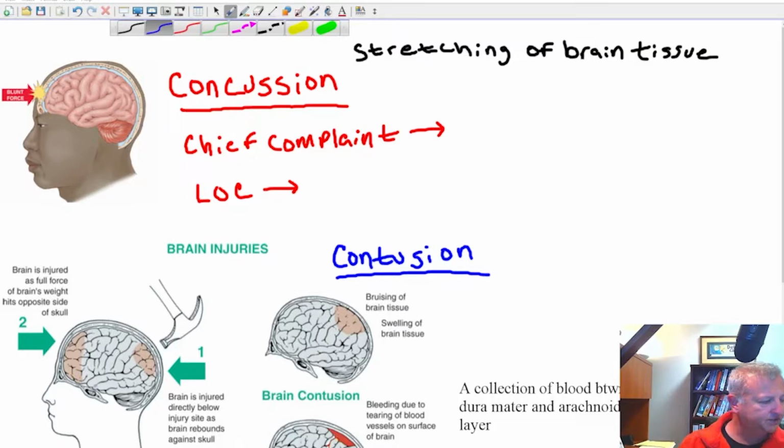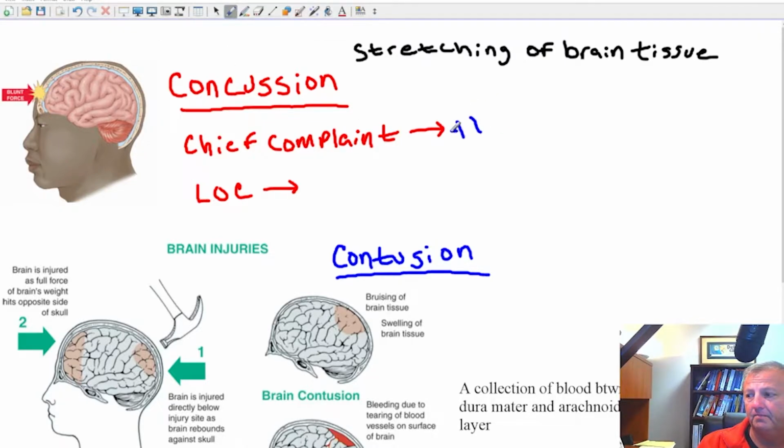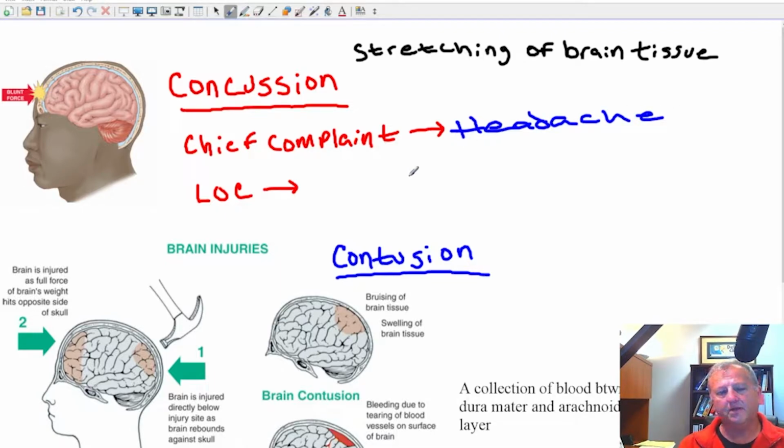So what is normally the chief complaint of a person with a concussion? Normally the chief complaint would be a headache. A patient can complain of a headache.